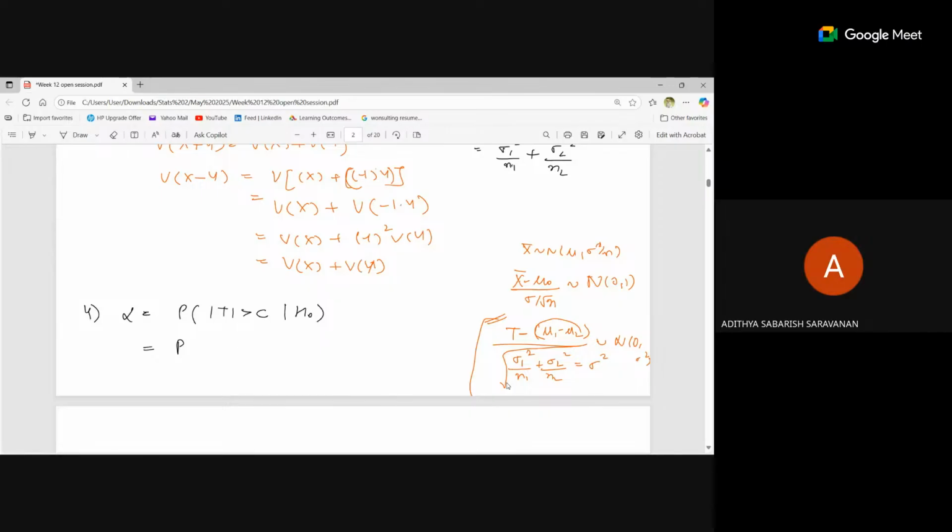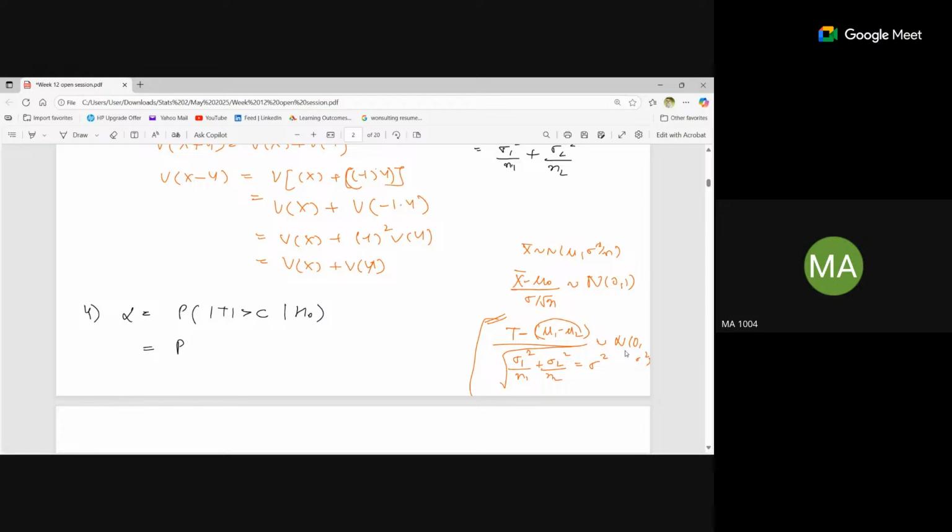That's the central limit theorem, right? 0, comma 1. So you are saying this should follow normal with 0, comma 1.